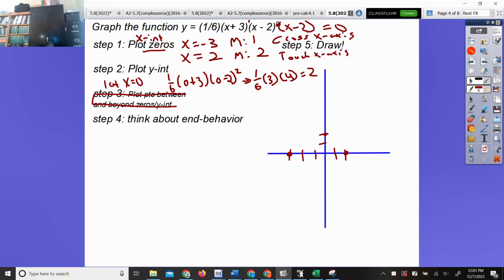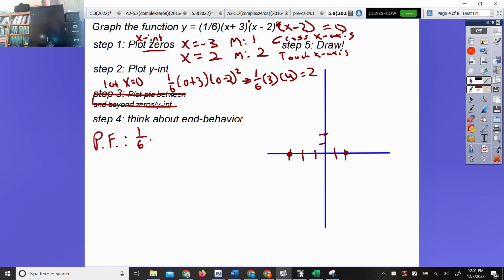Step 4 is to think about end behavior. When you think about end behavior, what you're thinking about is the power function. Power functions determine end behavior. So let's find the power function. What's the constant going to be? 1/6. What power of x is given to you from the factor x plus 3?